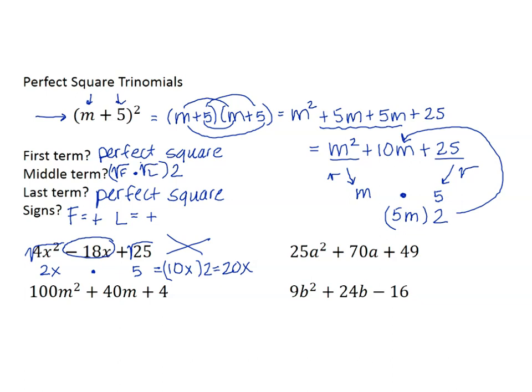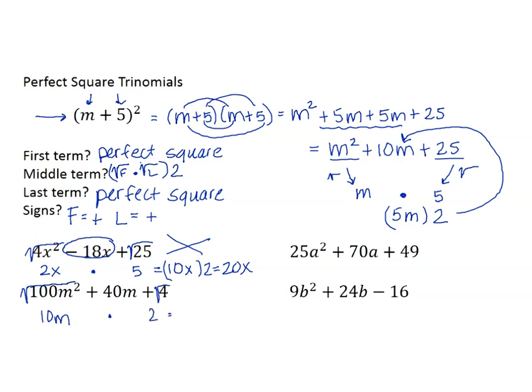Let's try the one right underneath it. First, we look at the first term. Is it a perfect square? Yes. Last term, is it a perfect square? Yes. Let's check the middle term. If I take the square root here, I get 10m. If I take the square root here, I get 2.